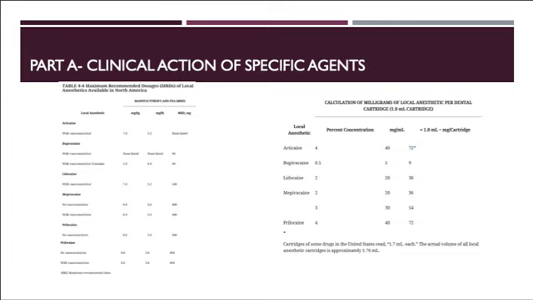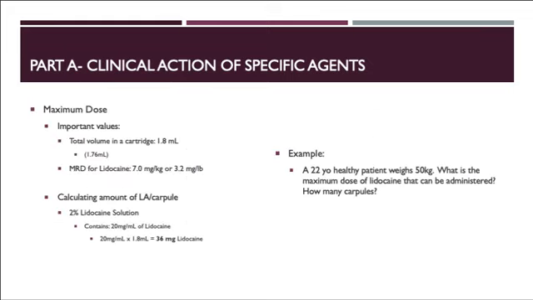So in essence, 36 carpules. Okay, and that's how you calculate how many carpules the patient's maximum dose represents. In this particular case, the maximum dose was 1,280, and that represents about 36 carpules.